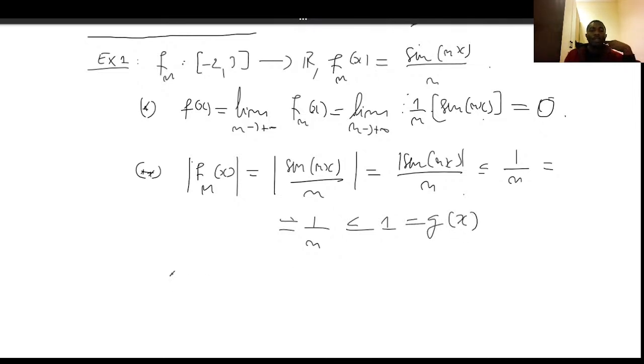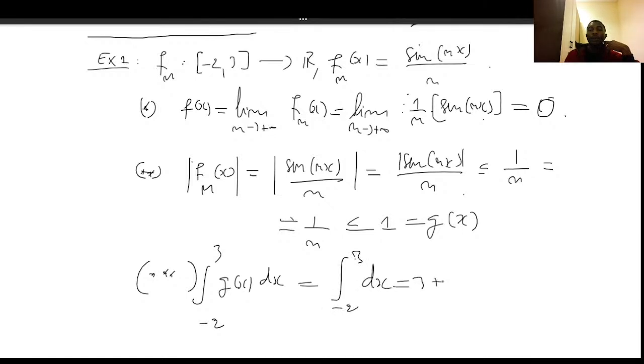So let us check if g is integrable. If we integrate from -2 to 3 of g of x dx, we will get the integral from -2 to 3 of dx, which is 3 plus 2, which is 5, which is finite.